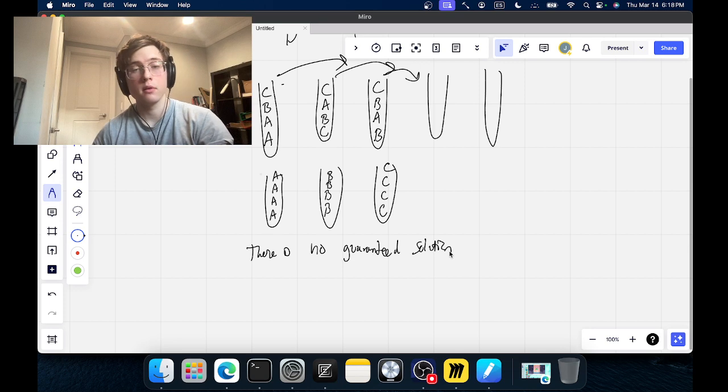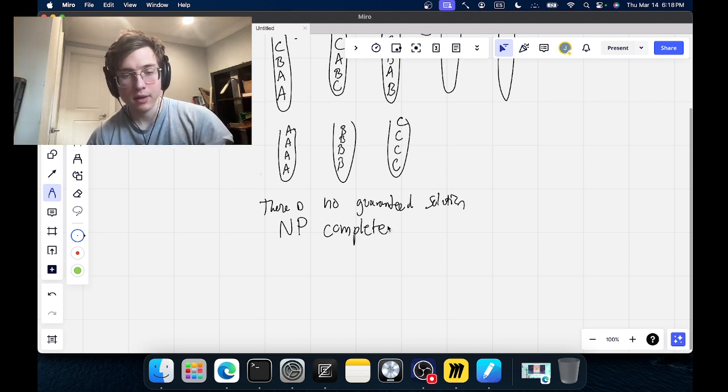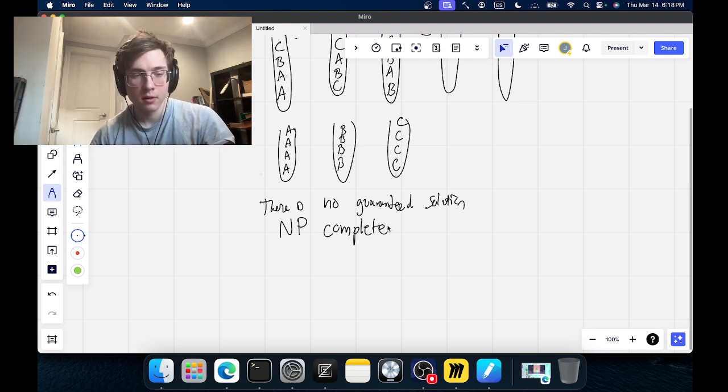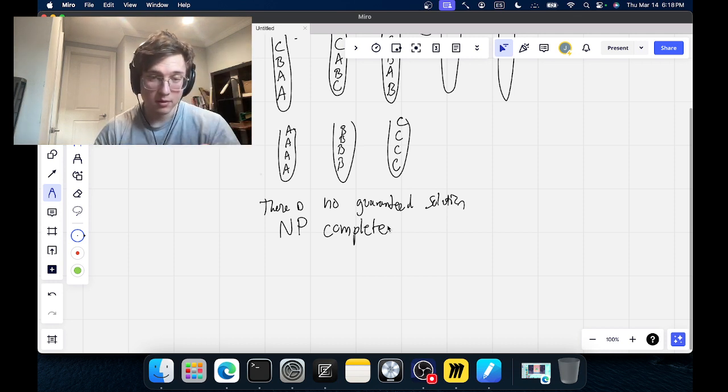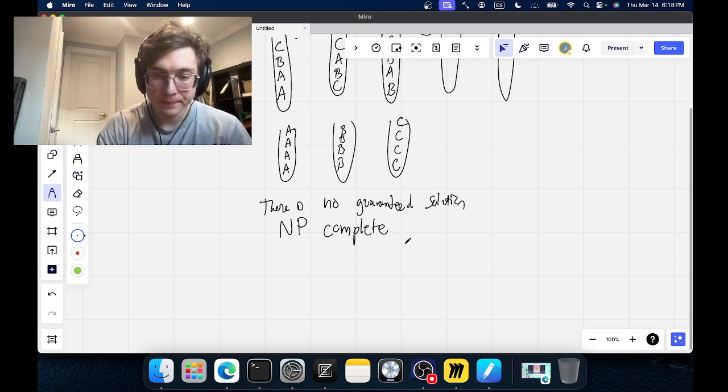And the other thing to note is that the problem is NP complete. So there's no efficient way to solve it. At least from what I can remember, it's equal to the class of problems that are NP complete, which none of them have polynomial time solutions, I guess. I think that's right.